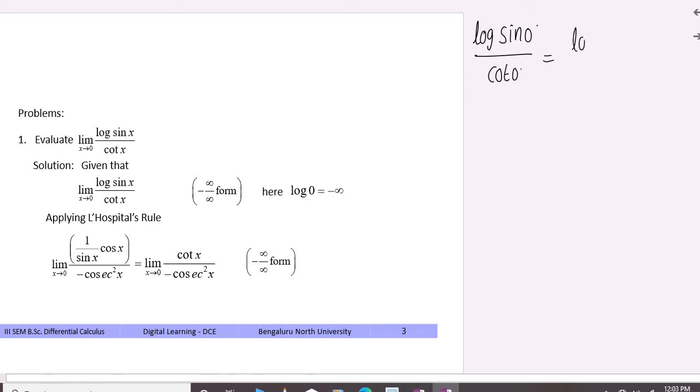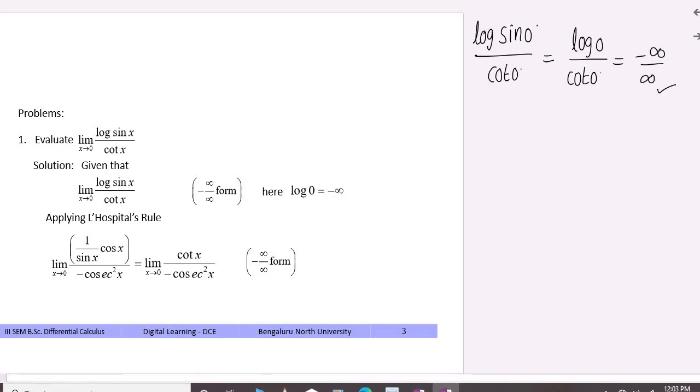Sin 0 is 0, log 0 by cot 0. Log 0 is minus infinity, cot 0 is infinity. This is indeterminate form. That's why we are going to apply L'Hopital's rule.